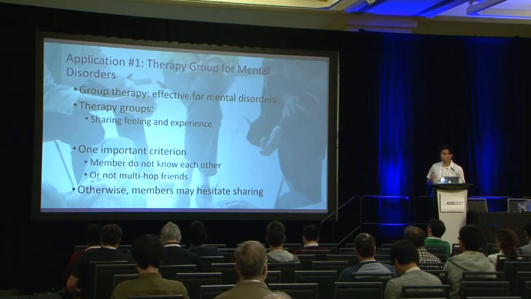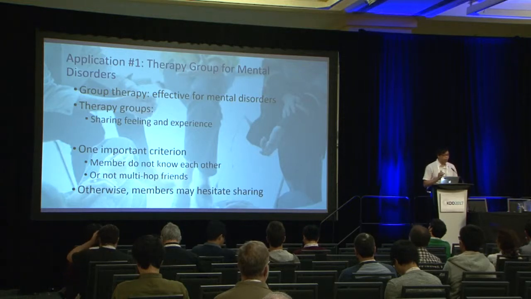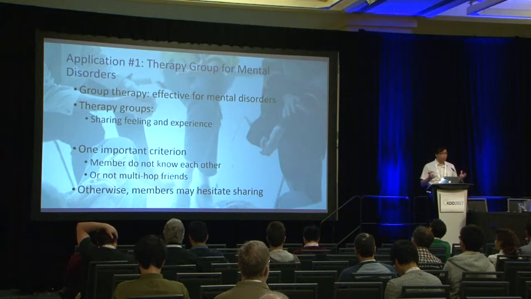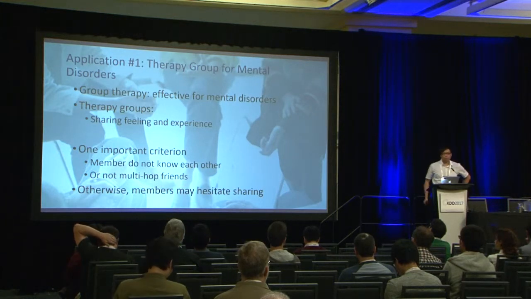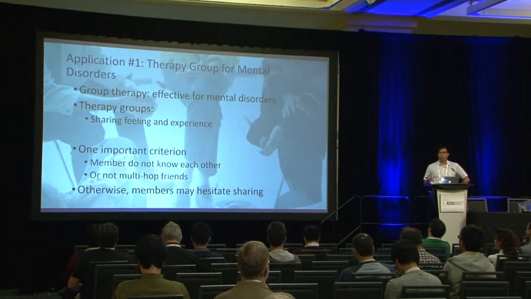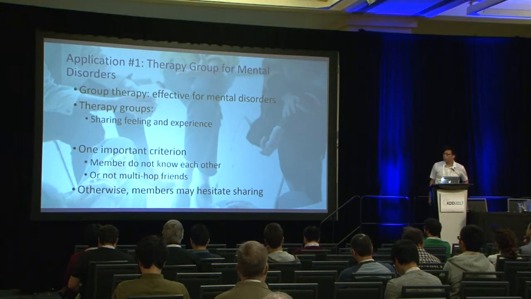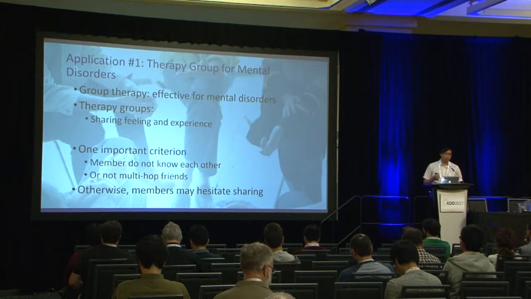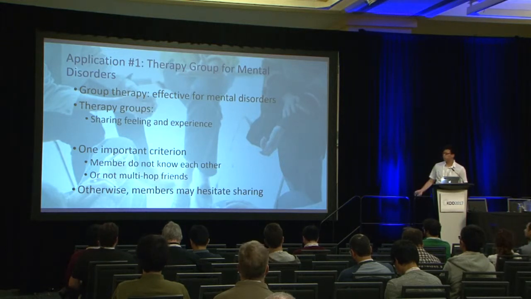This is because if the patients know each other, or have some interactions with each other, when they are sharing their feelings, they might be afraid that the secrets or the feelings may be spread out, and they may hesitate to share that information, and the therapy group collapses. So in this scenario, finding socially tenuous groups can help find effective therapy groups.